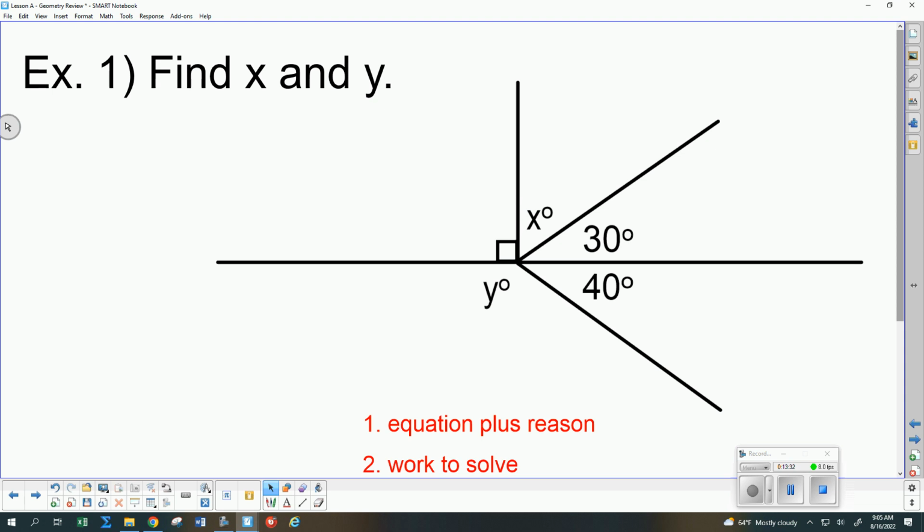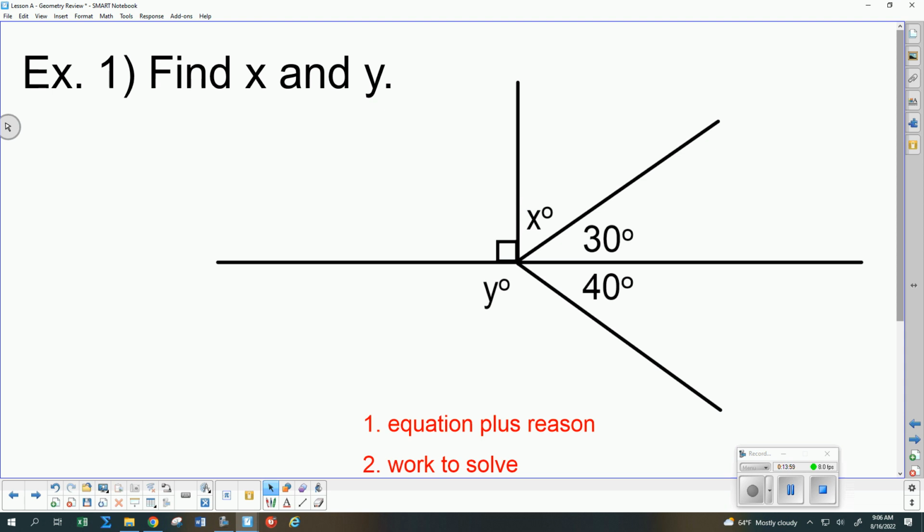We've got an X, a 30, a 40, and a Y. And then I want you to look at that and tell me how X is related to one of the numbers, so how we might be able to figure out what X is. Or tell me how Y is related to one of the numbers, so how might we be able to figure out what Y is? Anybody want to volunteer to get us started?